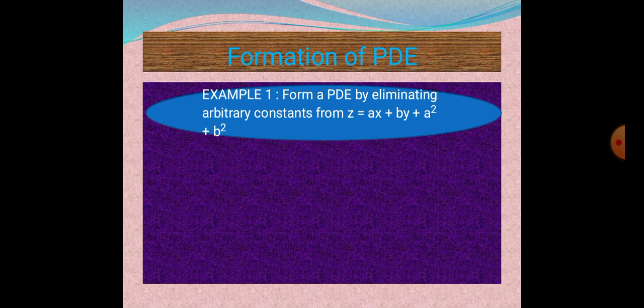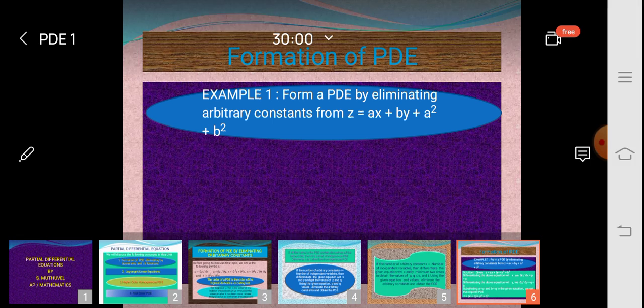The number of constants occurring in the equation is also two, a and b. So the number of constants is the same as the number of independent variables. Therefore, it is enough to find p and q. p means dou z by dou x, q means dou z by dou y. Now using the given z and this p and q, eliminate a and b. We obtain the partial differential equation. That's all.